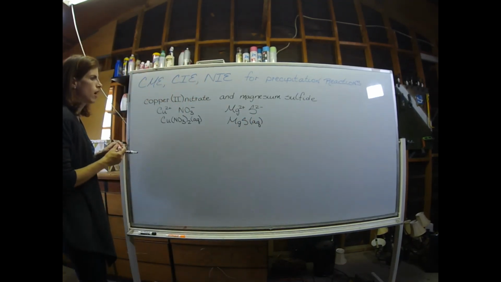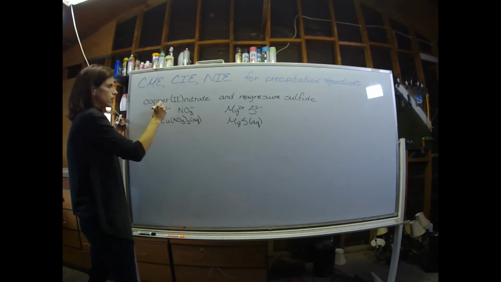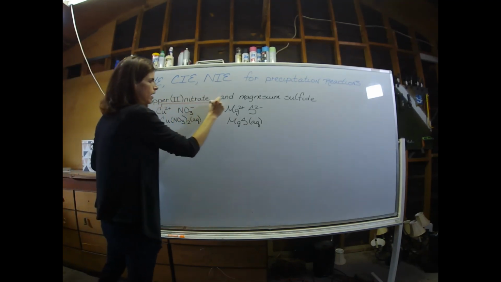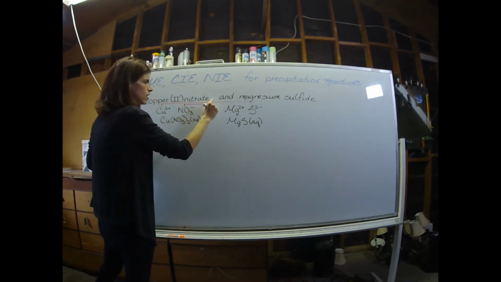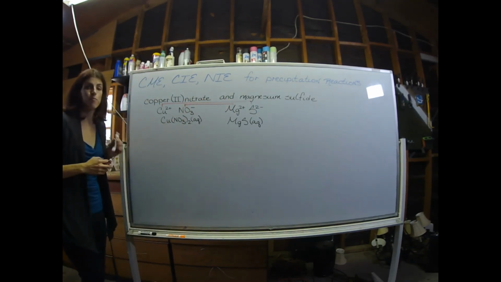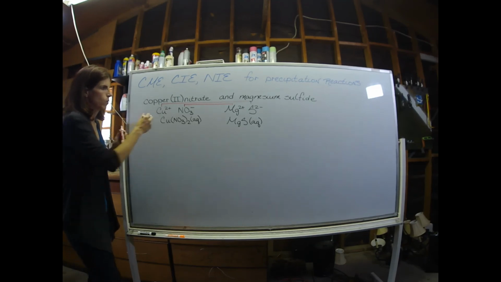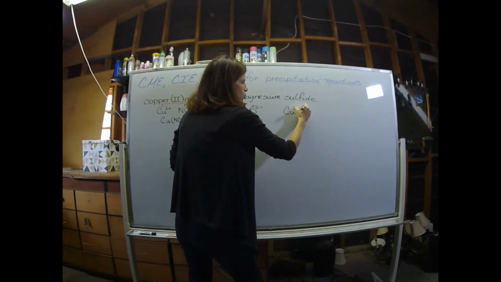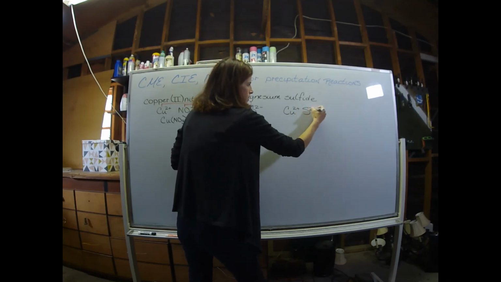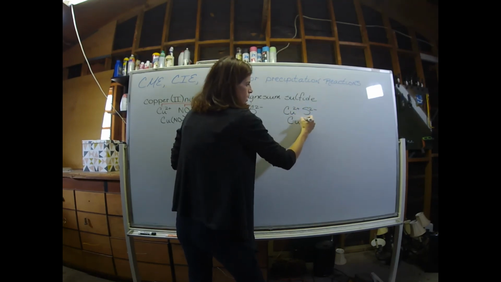In terms of our products, copper will combine with sulfur, and we need to consider the combination of nitrate and magnesium. So with the copper and the sulfide, we have a 2+ and a 2-. So it's a 1-to-1, and that's actually going to be a solid.